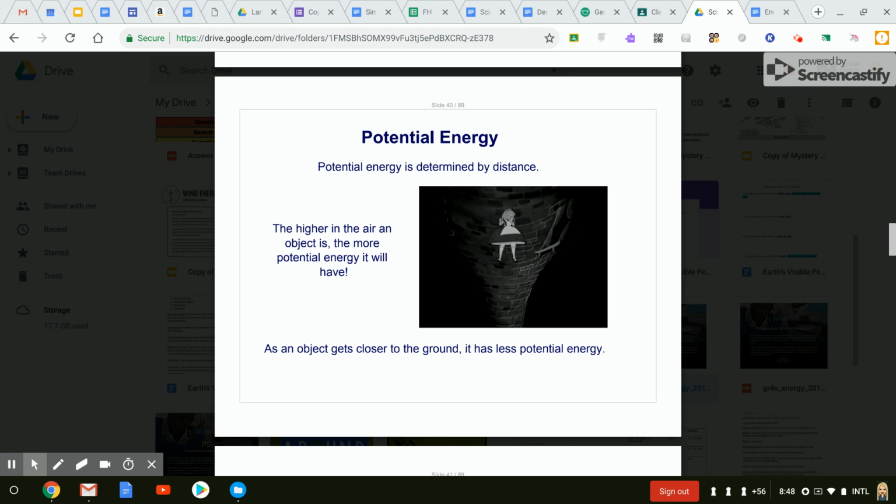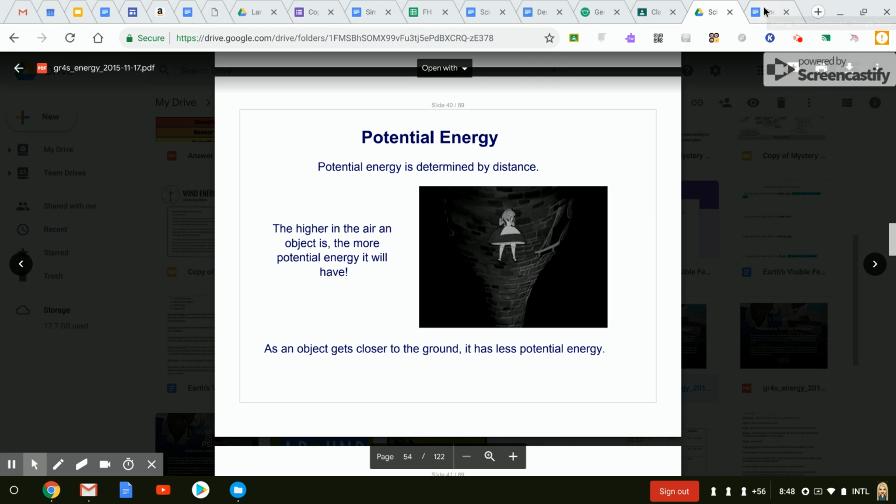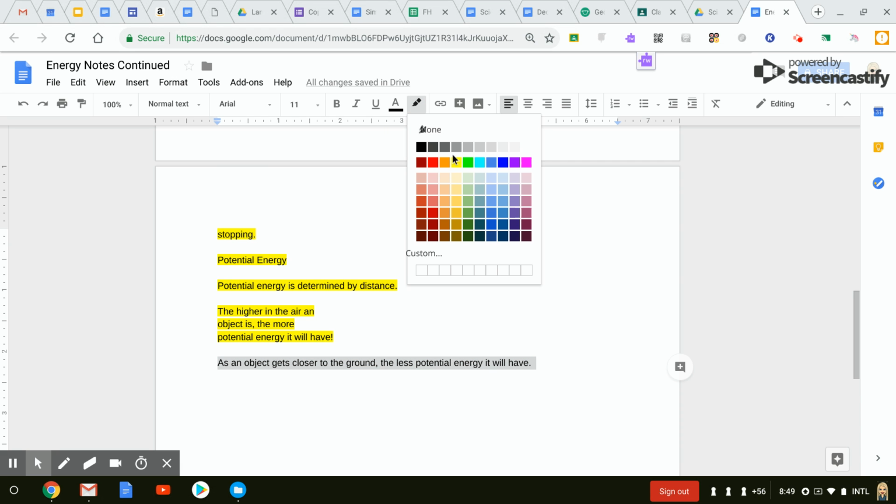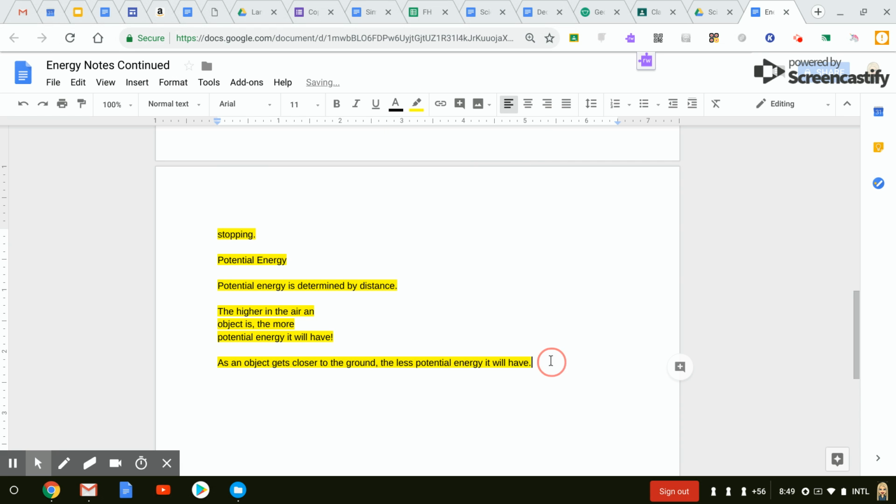The potential energy is less because once that ball starts moving, it won't be able to pick up quite as much speed as the ball at the top of a taller hill. So as an object gets closer to the ground, the less energy it will have. And that's where we're going to stop today.